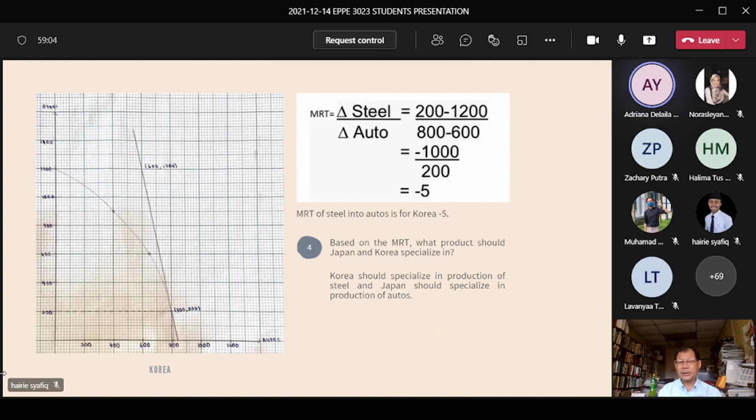Say again what I said just now to make sure you understand. Japan should specialize in production of auto because of the lower opportunity cost in the production of auto. Japan should specialize in auto because Japan has lower opportunity cost in the production of auto.